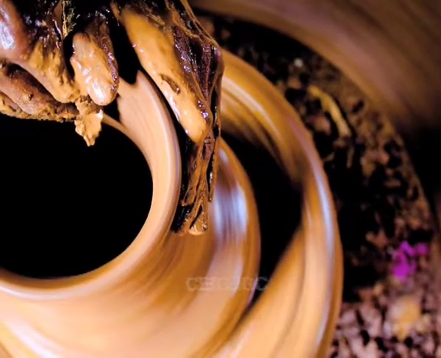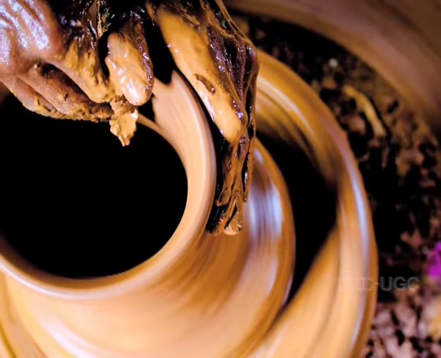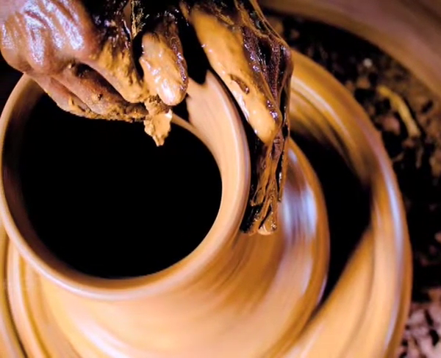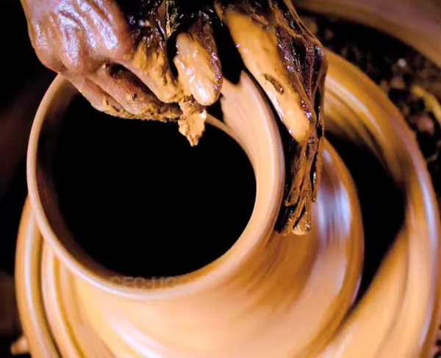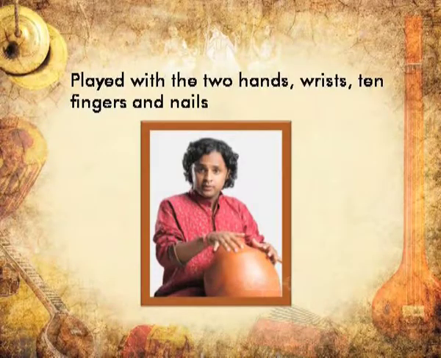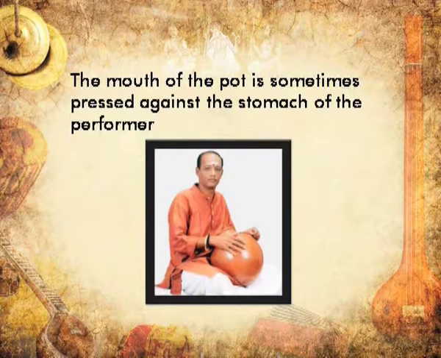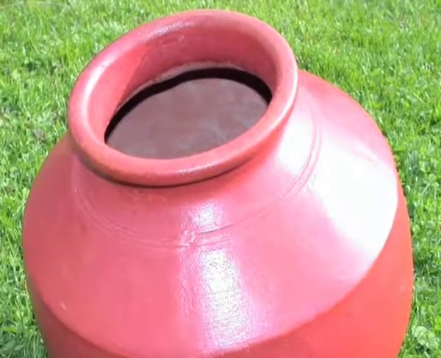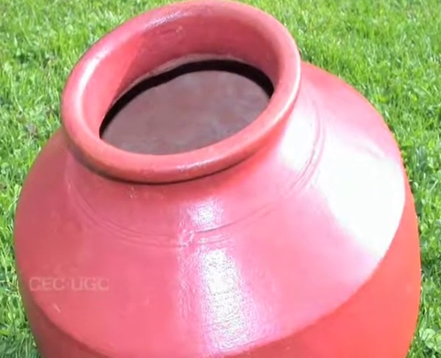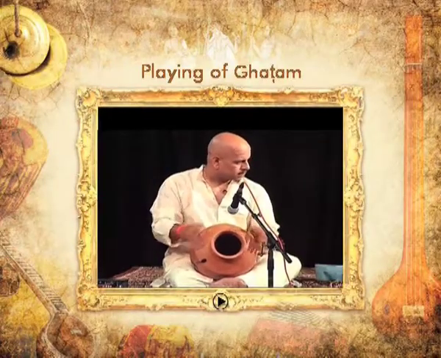Strong, durable and resonant ghatams are made in Manamadurai in South India. It is played with the two hands, wrists, fingers and nails. The mouth of the pot is sometimes pressed against the stomach of the performer and resounding strokes are given. Sometimes the pot is held in a horizontal posture, the mouth facing the audience.